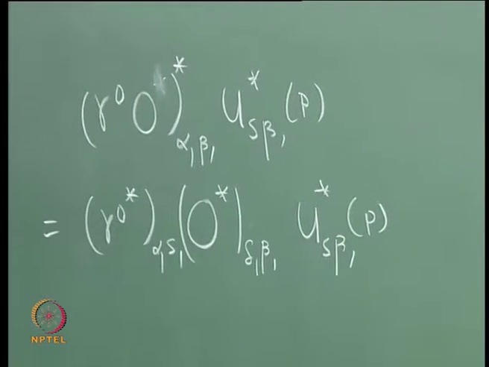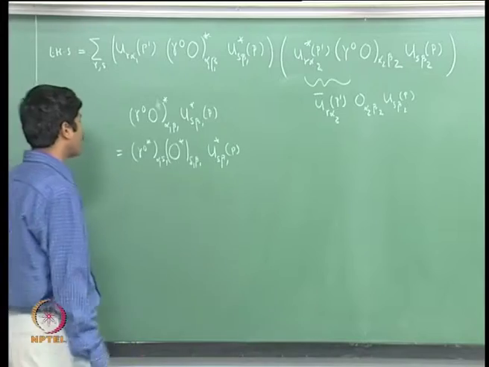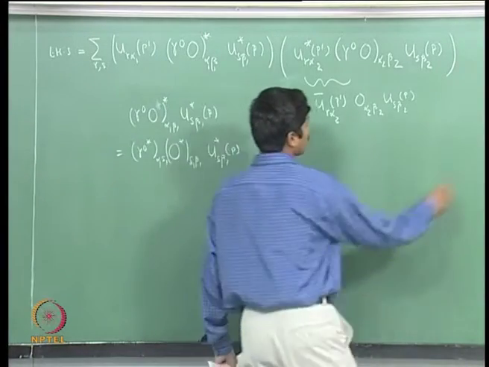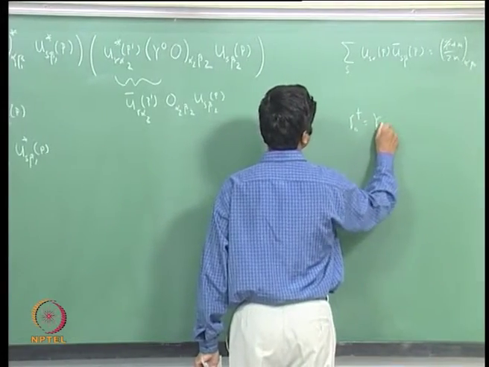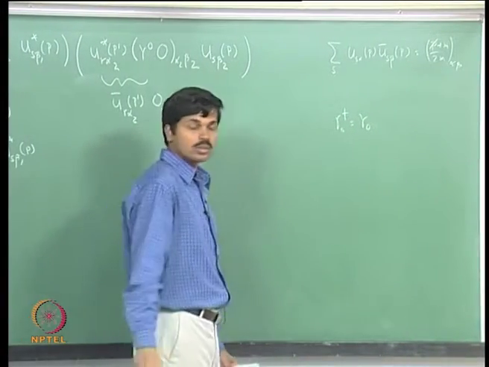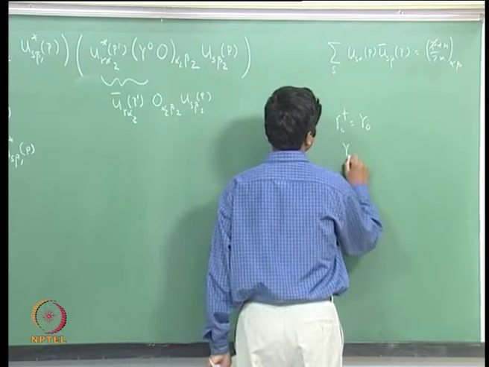Then we will use the following property of the gamma matrix. Gamma 0 is Hermitian, therefore gamma 0 dagger is gamma 0. So, what is gamma 0 star?